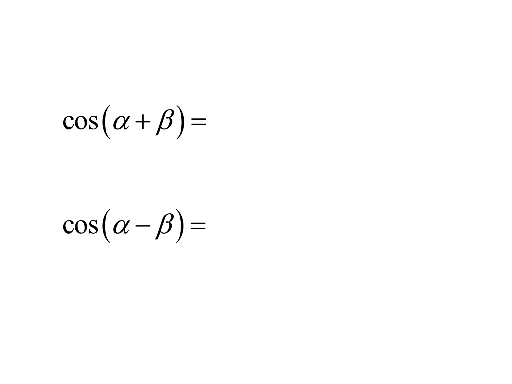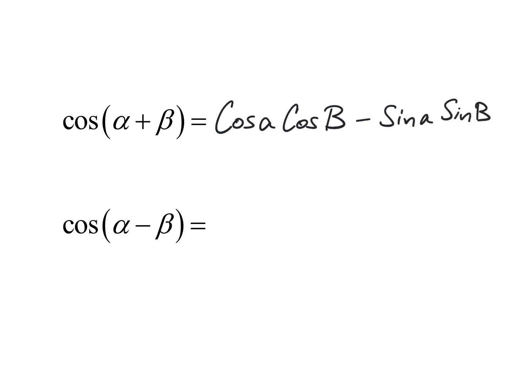The other case is our cosine. This one will behave similar, but not exactly the same. It is going to be the cosine of my first angle times the cosine of the second minus the sine of the first angle times the sine of the second. And as you might imagine, the cosine difference formula is mostly the same. Sorry, that's an A. Except the sign changes when we switch from addition to subtraction.